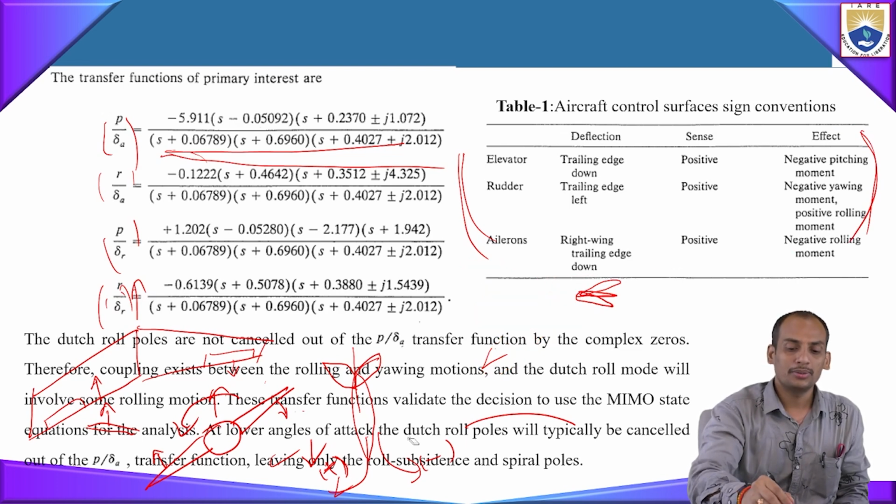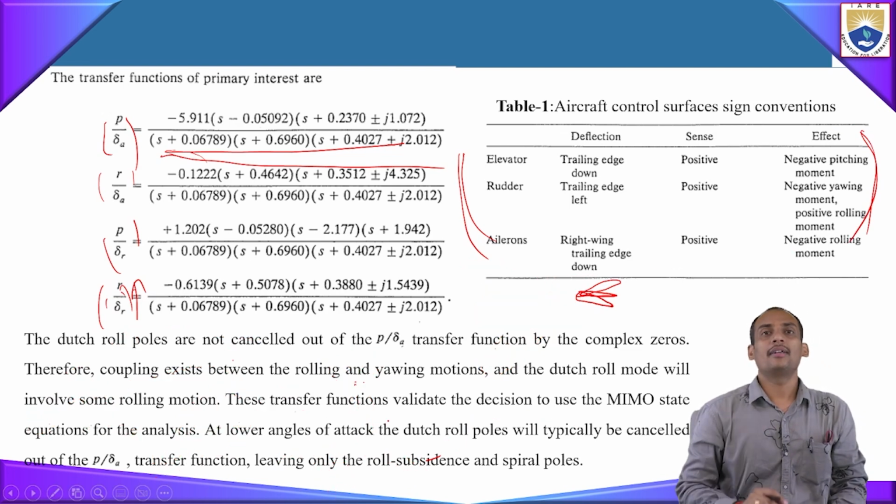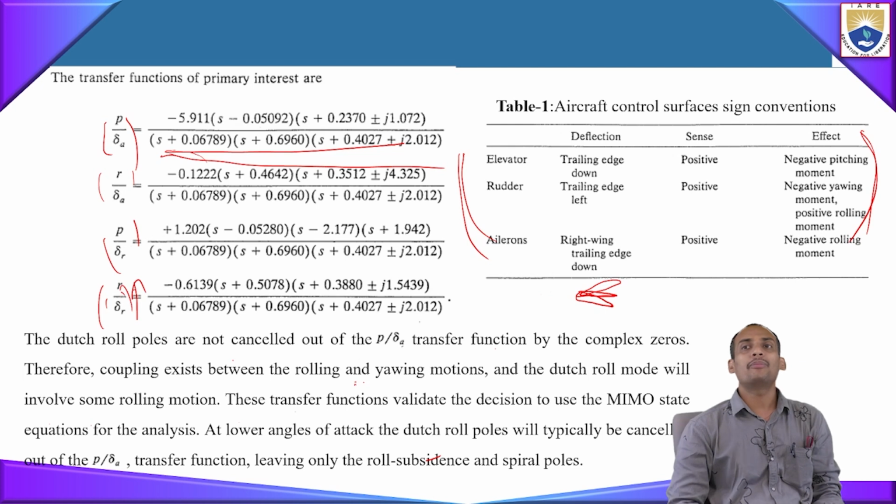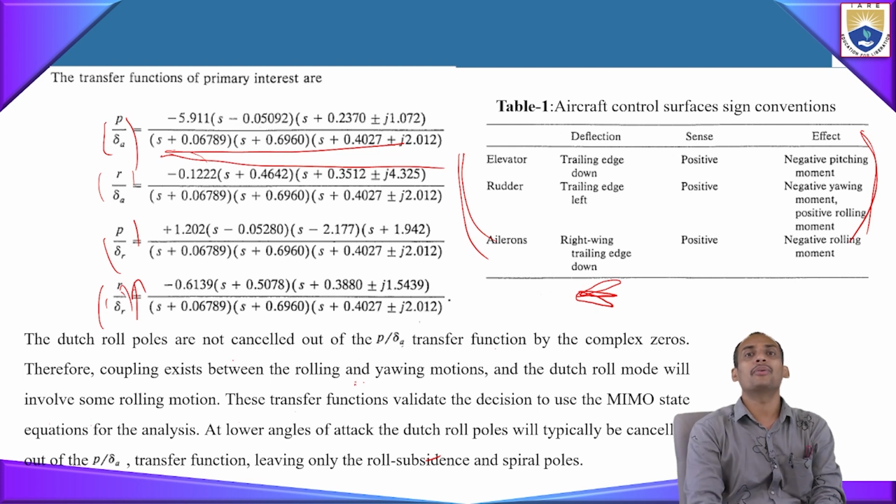So the numerator will not be cancelled out of the p by delta a transfer function by the constant zero. Therefore the coupling exists between the rolling and yawing motions only, and the Dutch roll mode will not involve rolling motion.